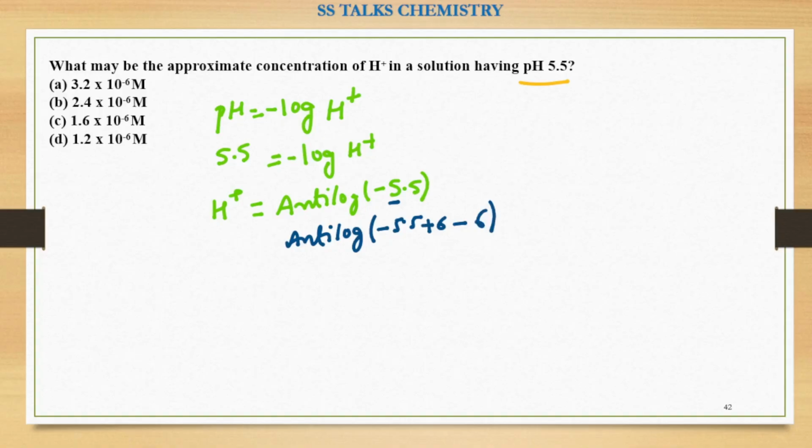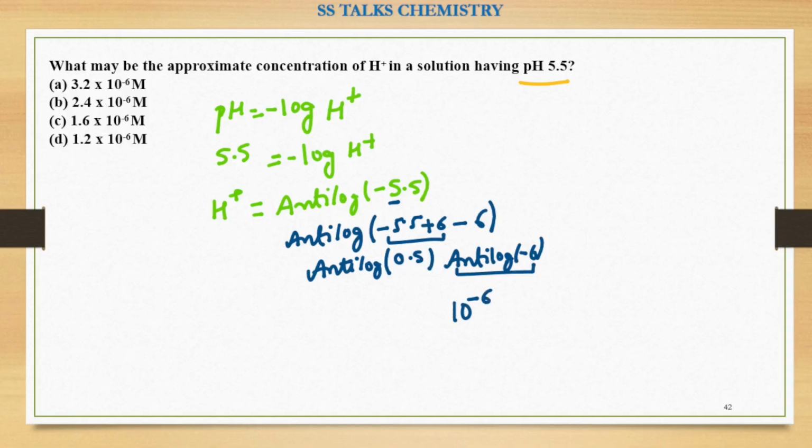This term, plus 6 and minus 5.5, is going to give us the value of 0.5. So it is antilog of 0.5 and this is minus 6. So you will be writing it as antilog of minus 6, which will go in the power of 10. So it will become 10 raised to the power of minus 6, and here the antilog of 0.5.